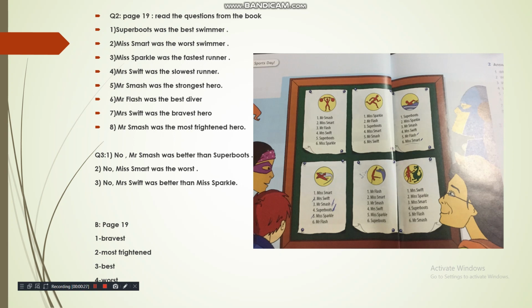Mr. Smash was the most frightened. Number 3. Mrs. Sparkle was the best runner in the competition. 4. Super Boots was the worst diver of all the heroes. Use bad. So we put worst. Superlative adjective.